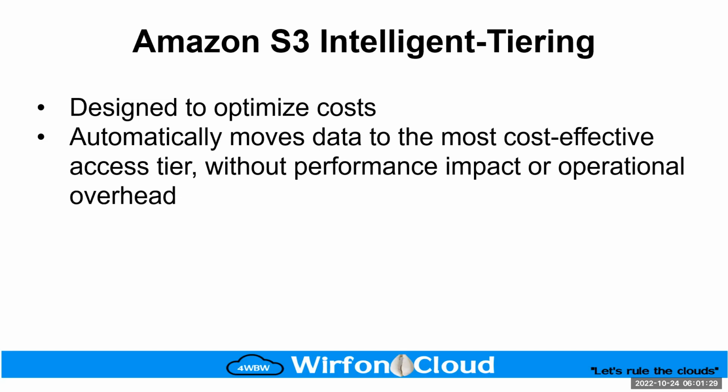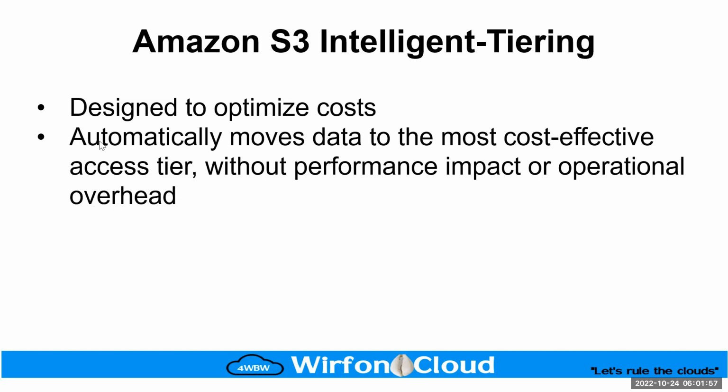So you don't want to put it in S3 Standard, and later on discover it's using a lot of money because you're not using it frequently. You don't want to put it in S3 One Zone and then find that you have to use it frequently. So S3 Intelligent-Tiering is the ideal storage class for such a scenario.